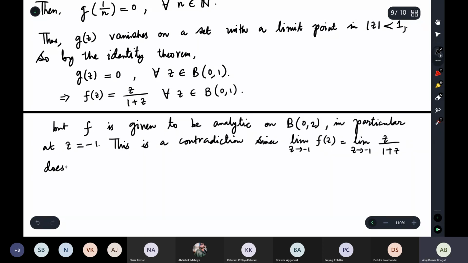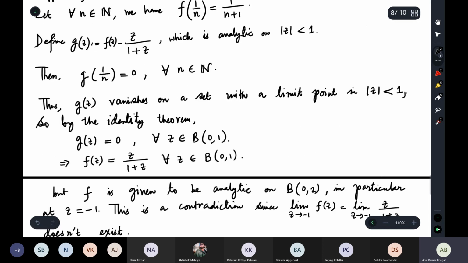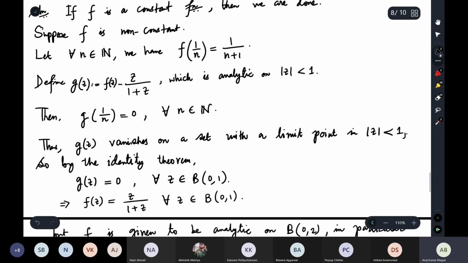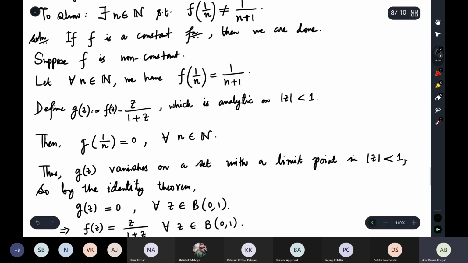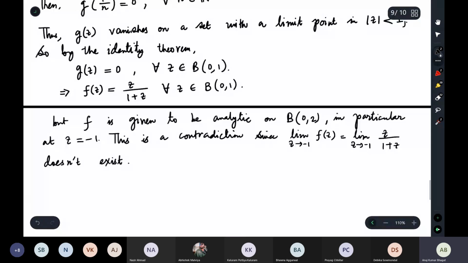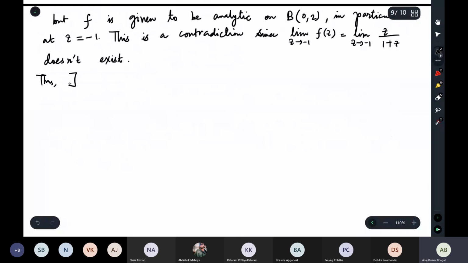So that cannot be analytic there. Okay, so our assumption was wrong. What was our assumption? For all n this is true, so there will be at least one n for which this is not true. So thus there exists some n in N with this property that f of 1 by n is not equal to 1 by n plus 1.